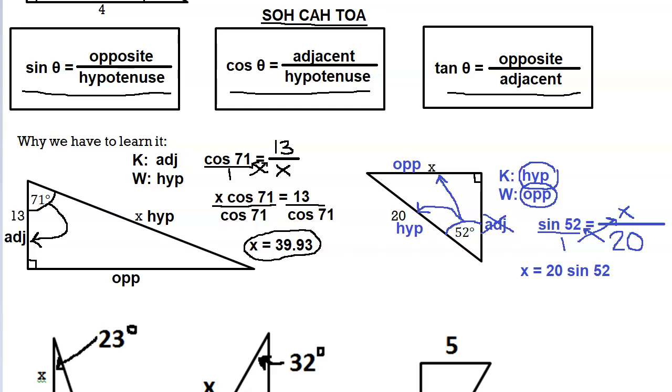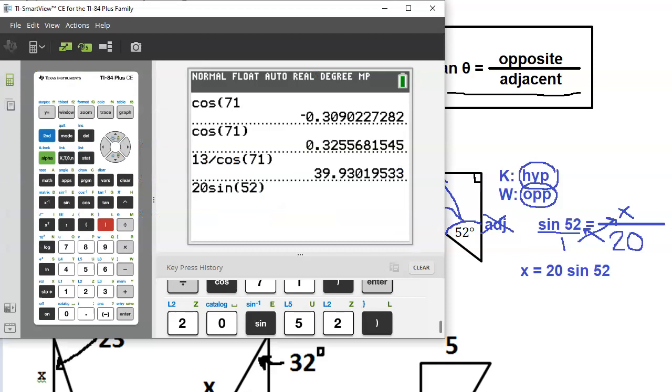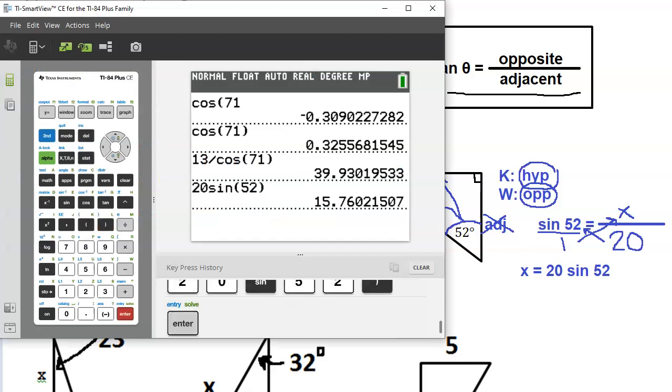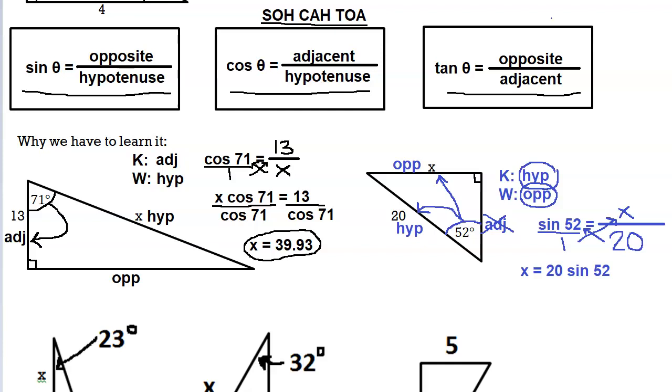If we get something bigger than 20, then we screwed up. All right, 20 times the sine of 52 is, okay. All right, that wasn't a bad guess. 15.76. Looks good to me.